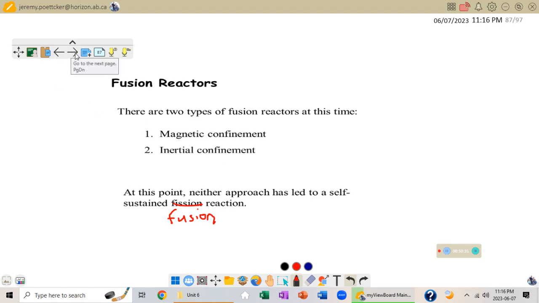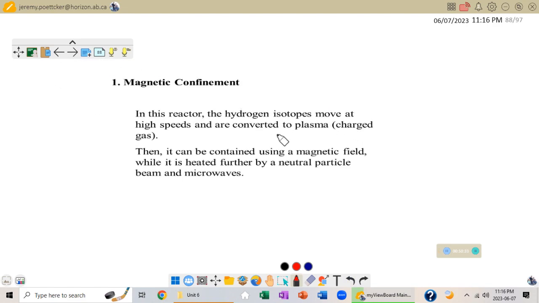So, magnetic confinement: in this reactor, hydrogen isotopes move at high speeds and are converted to plasma, or charged gas. Because it's charged, we can contain it in a magnetic field. We can heat that further by a neutral particle beam as well as microwaves.